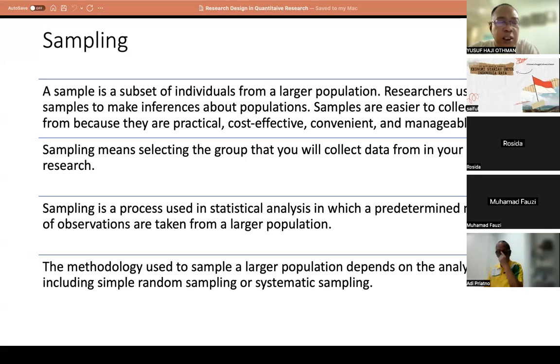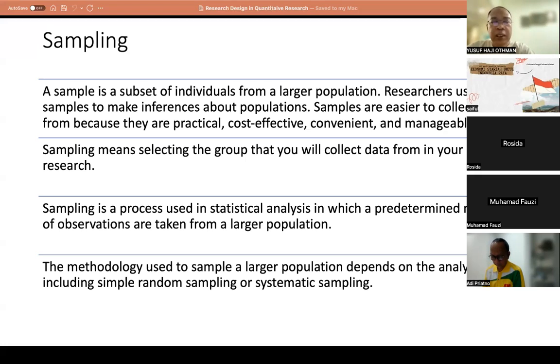The methodology used to sample a larger population depends on the analysis type, including simple random sampling, systematic sampling, or other methods such as cluster sampling and stratified sampling.